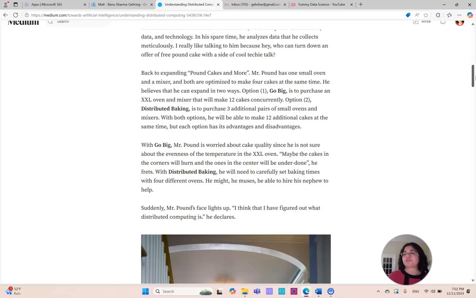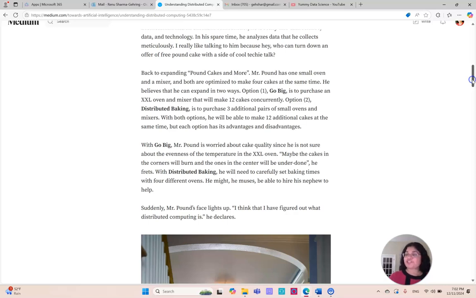Back to expanding Pound Cakes and More. Mr. Pound has one small oven and a mixer, and both are optimized to make four cakes at the same time. He believes that he can expand in two ways. Option one, go big, is to purchase an XXL oven and mixer that will make 12 cakes concurrently.